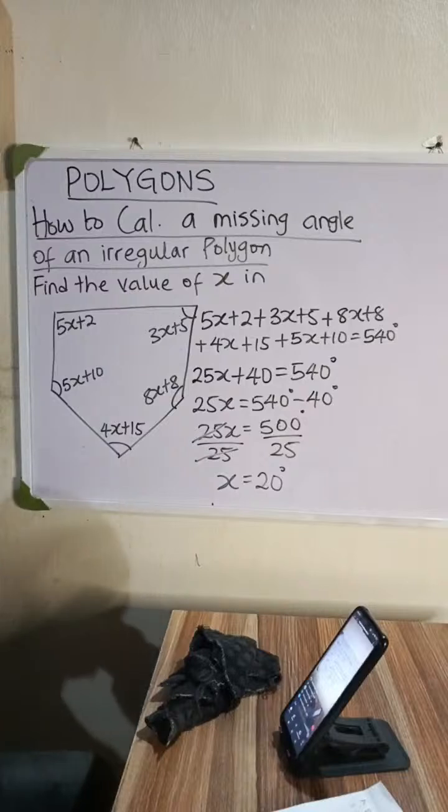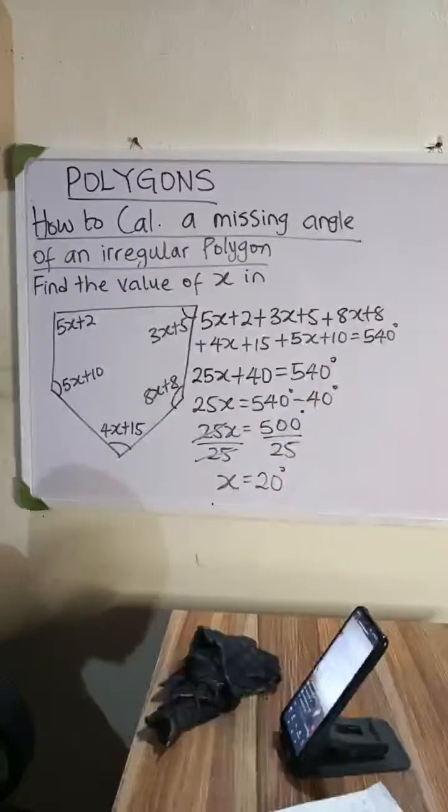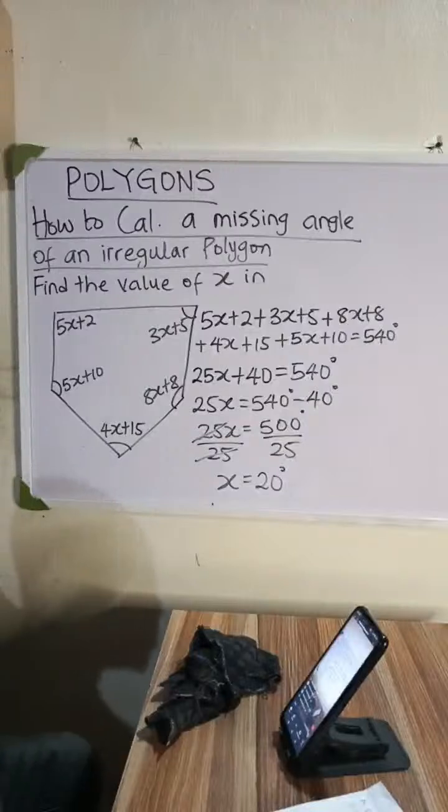So with that, I'm just going to write a classwork, and then that will bring us to the end of today's class. On Wednesday, we're still going to continue with polygons.